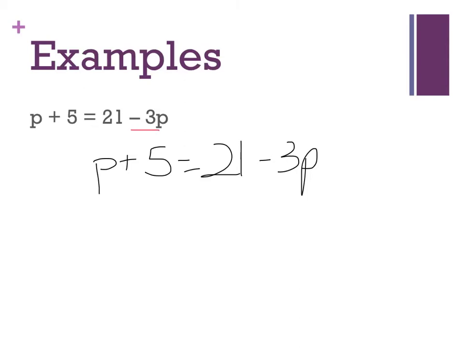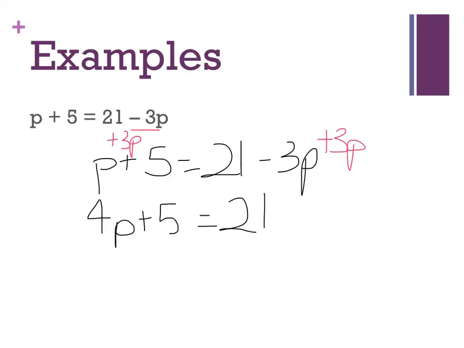So if I want to remove that negative 3P from this side, if it's a negative, I must add 3P to this side. If I've added 3P to this side, I must do the same to my other side. So P plus 3P becomes 4P plus 5 equals 21.